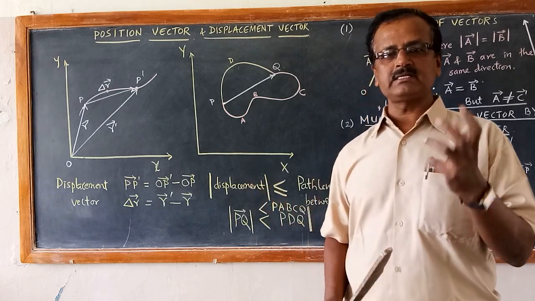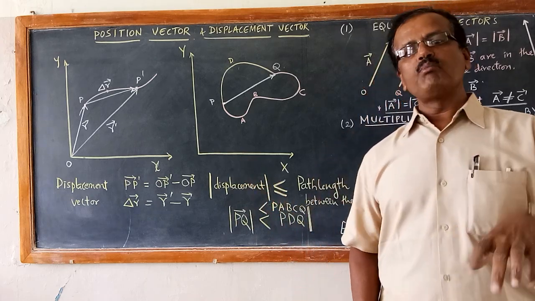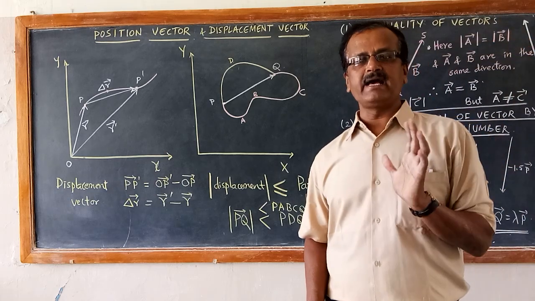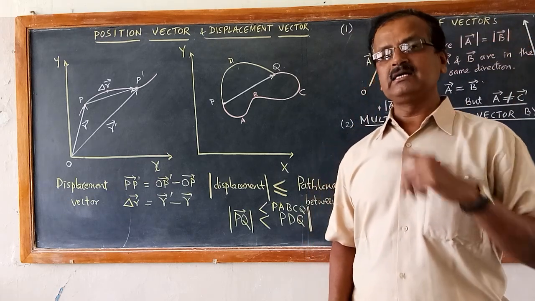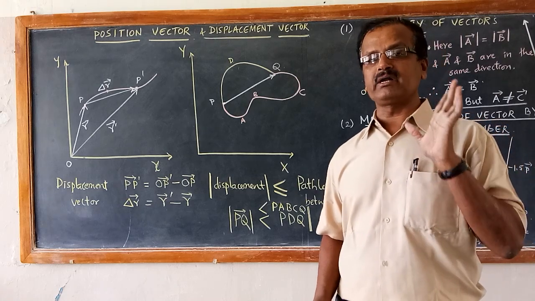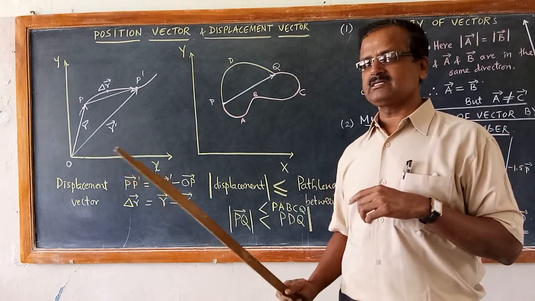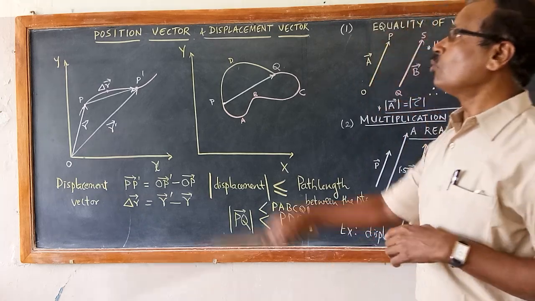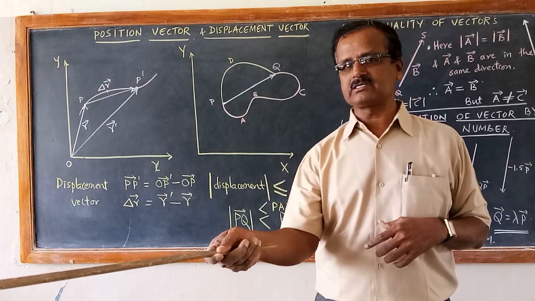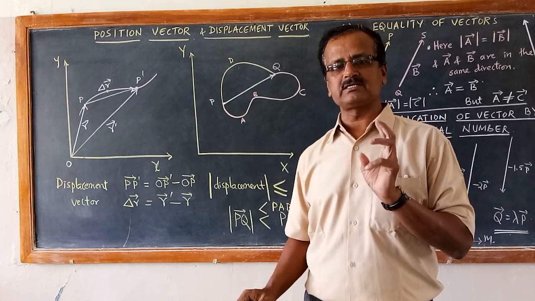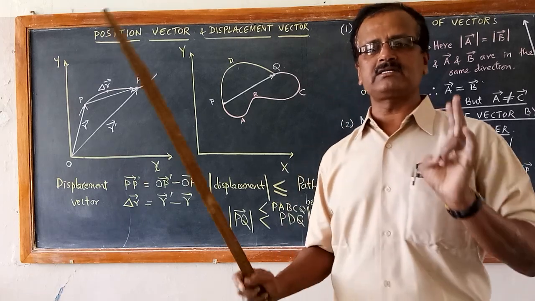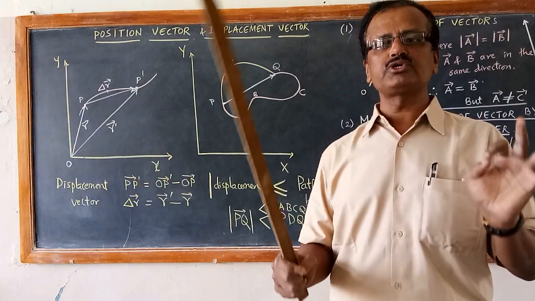Motion in a plane is two-dimensional motion. Motion in space is three-dimensional motion. As I have told you earlier, motion in space requires three mutually perpendicular axes: x-axis, y-axis and z-axis, with an origin.